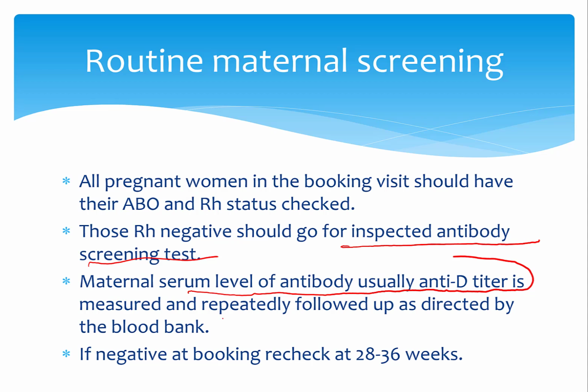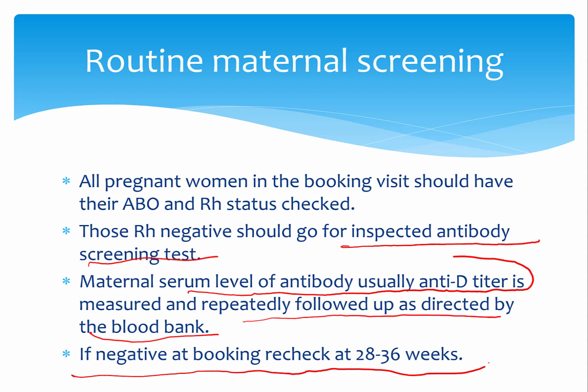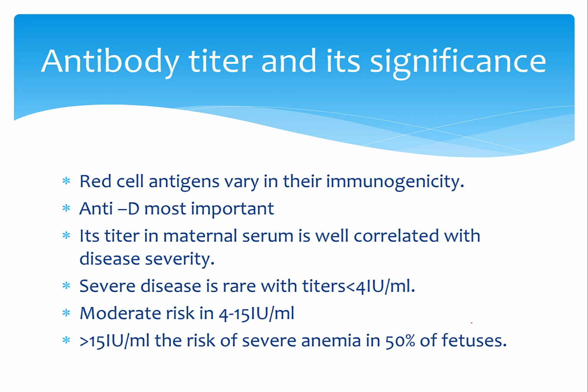If it is positive, the blood bank will start managing the case. They will ask us to repeat every week, every 2 weeks or every 4 weeks. If the mother is negative for Rh antibodies, we will follow them again at 28 and 34 to 35 weeks.